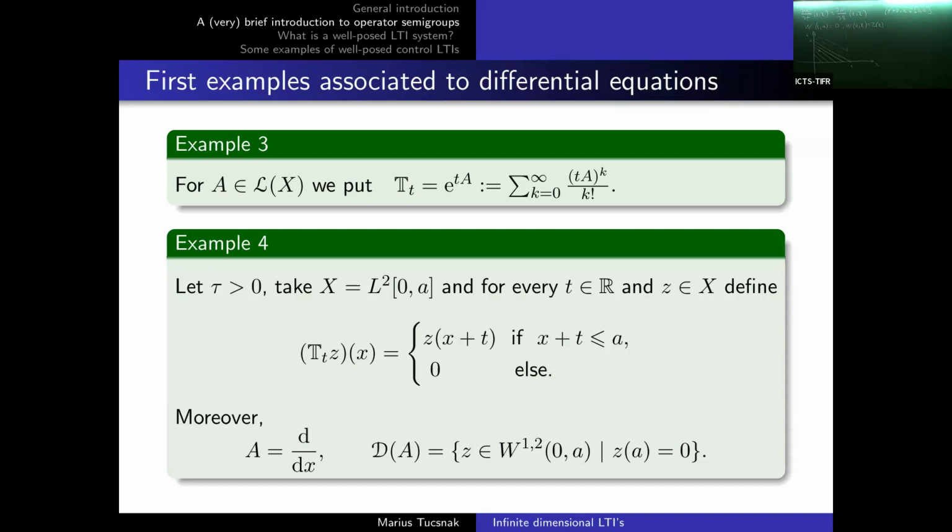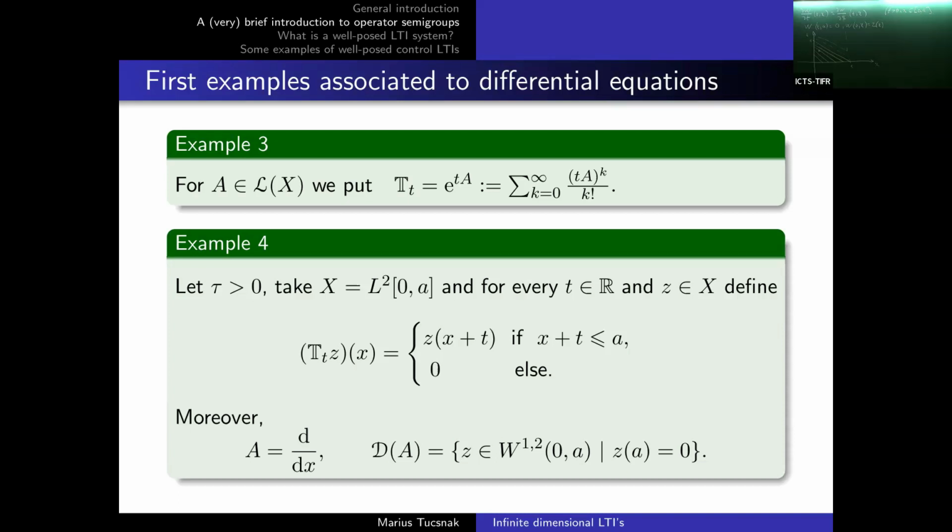I have a formula. Of course, when people did this for the first time, very long time ago, they assumed that the functions are smooth. But now I can ask myself, to what extent can I give a sense to this formula?